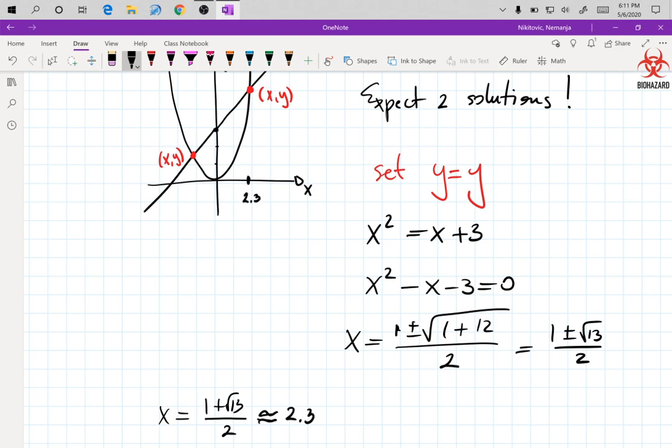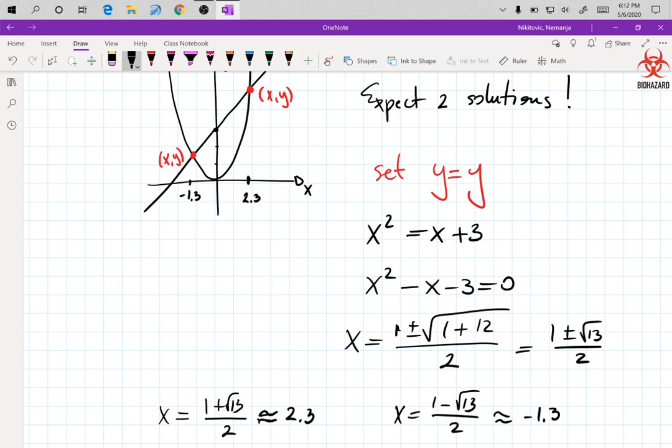And the other one is 1 minus square root of 13 over 2. So 1 minus square root of 13, and then divide by 2. We get about negative 1.3. So it makes sense: if you just sketch the graph close to what this thing looks like, then you would get these x values.